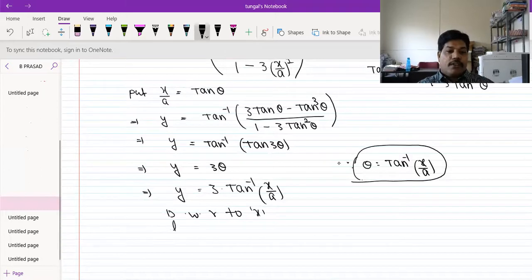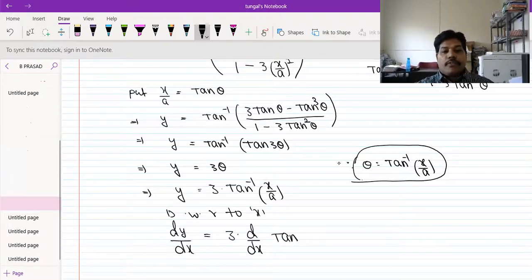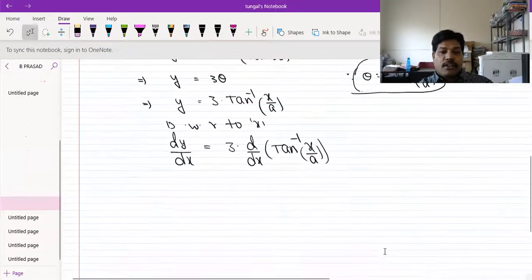What happens? dy by dx is equal to 3 into, 3 is a constant, so you can take it out, derivative of tan inverse of x by a. Here two functions are there.